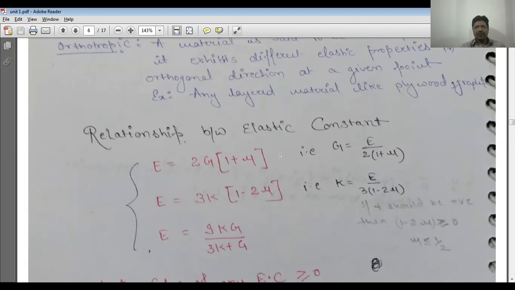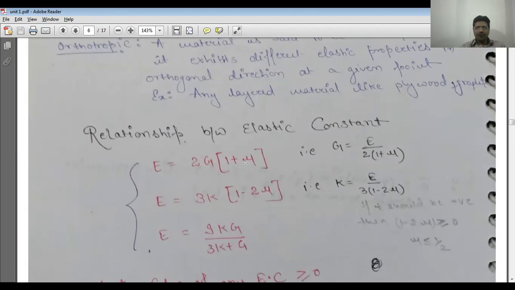Next is E equals 3K(1 minus 2 mu). This is the relationship between E and the bulk modulus K. Equating these two, 2G(1 plus mu) equals 3K(1 minus 2 mu), will give a relationship between K and G, eliminating mu.